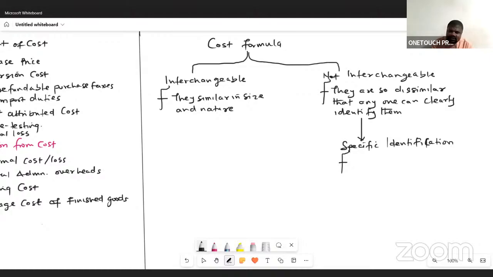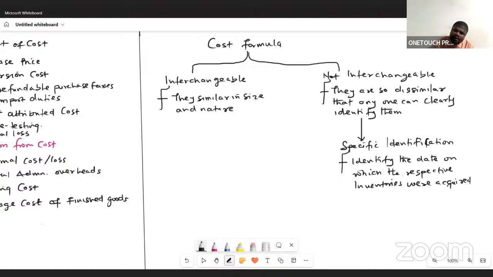This one, you need to identify the date on which the respective inventories were acquired, and the price or the cost.